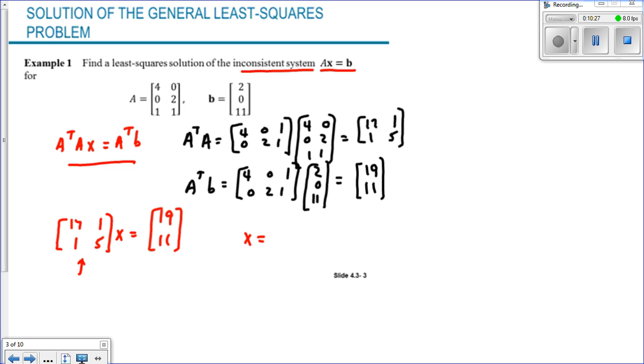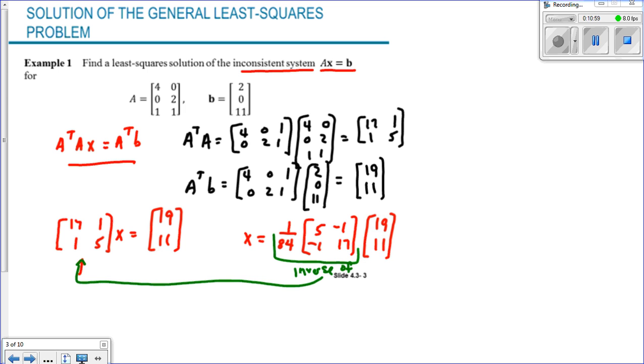So that means that x is going to equal that inverse. Well, the determinant of that is 84, so it's 1 over 84. Swap the 5 and the 17 and make the others negative. So this is the inverse of this matrix to the left of x. And then we just want to multiply that by 19, 11. Okay, so 95 minus 11 would be 84.